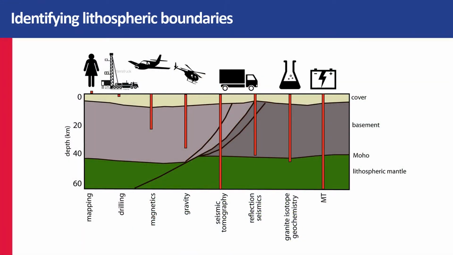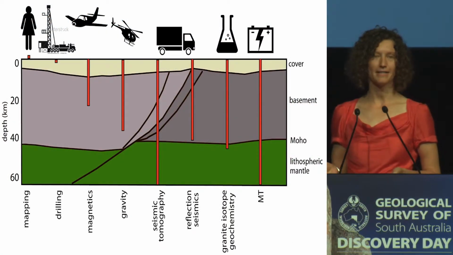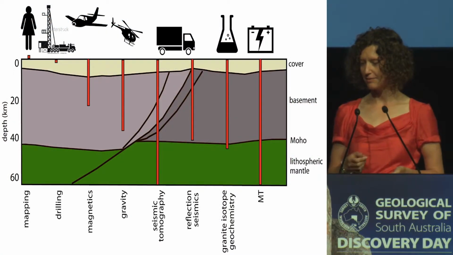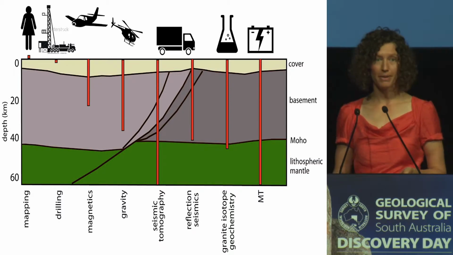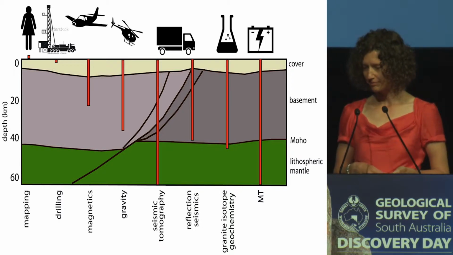And these are some of the tools we're going to use to do it. Obviously mapping and drilling and magnetics give us lots of information about the upper surface, but there are other techniques that we can use to probe a bit deeper into the crust. We've already heard a lot about MT today, and how that can map fluid pathways, which are often associated with big lithospheric structures.